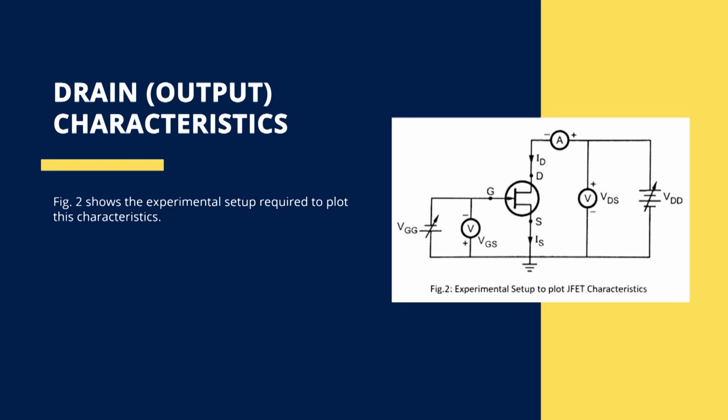A constant VGS is applied to the circuit and then the drain current is measured and the drain voltage is also varied. We can see there is an arrow line at the battery side showing there is a variation in VDD. Here the value of VDS is varied and variation in the drain current is observed.